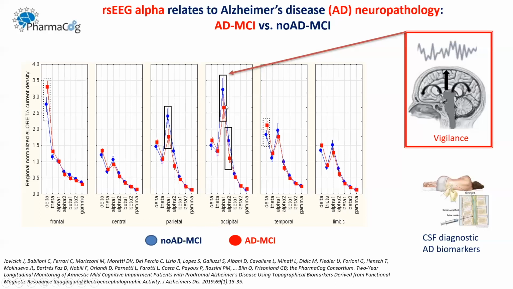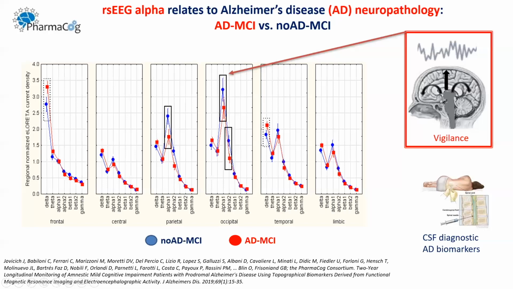So we could conclude that Alzheimer's disease neuropathology can be related to a decrease of alpha rhythms in the resting state eyes closed, as a demonstration of a particular dysregulation of quiet vigilance in these patients in the clinical stage preceding dementia.